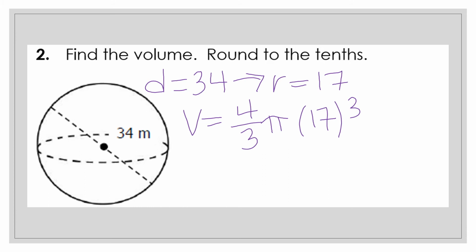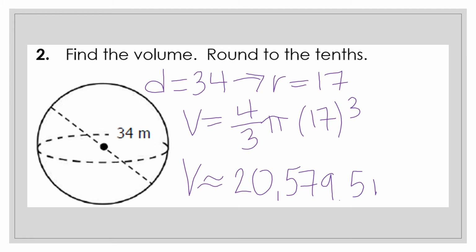If you're using the TI-36X Pro and you don't know where the cubed button is, there isn't necessarily a cubed button, just an exponent button, right above the x squared, which you should be familiar with. This one went straight to a decimal value, and it didn't give us an exact value. It's 20,579.5, and this one is meters cubed.